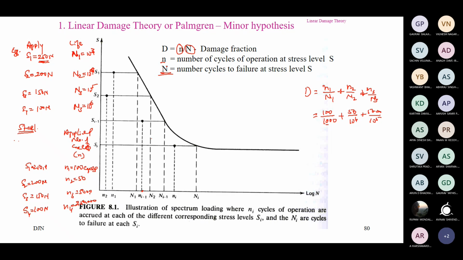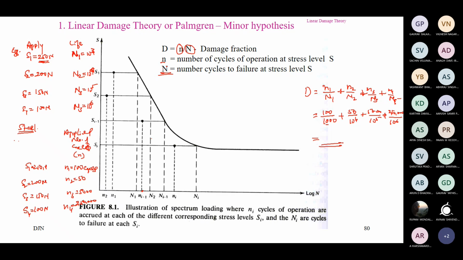For example, you are applying a 100 Newton load on the component, then that becomes your next parameter. So 2,50,000 divided by the corresponding value, 10 to the power 6. Here it is small n4 by capital N4. You calculate what is the total value.